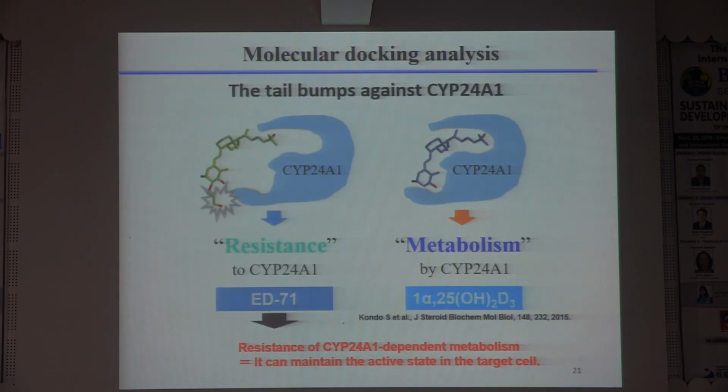We further explained this finding by using the molecular docking analysis. In the cartoon, you can see that ED71 has interference in the binding to the CYP24. So this means that it has a resistance to the CYP24 and it has a long time to live in the active form.